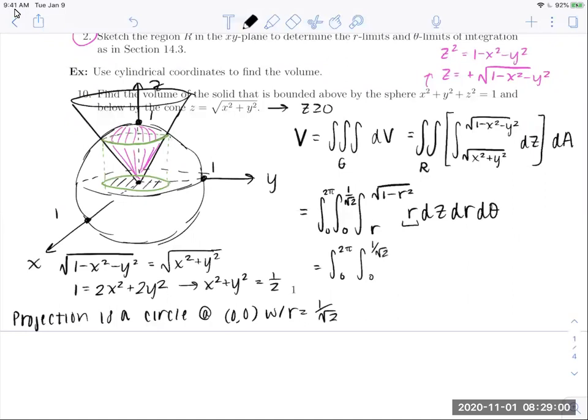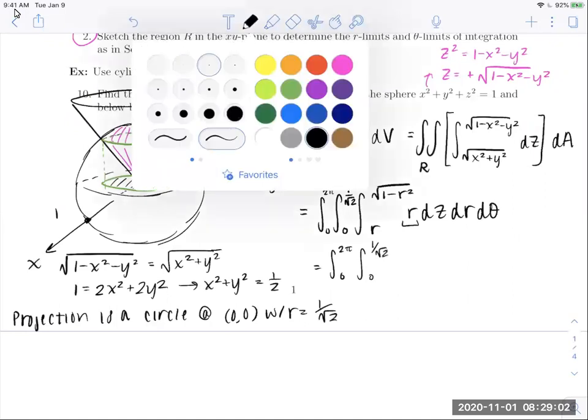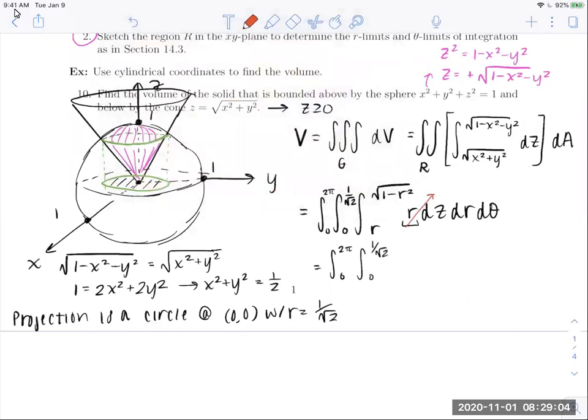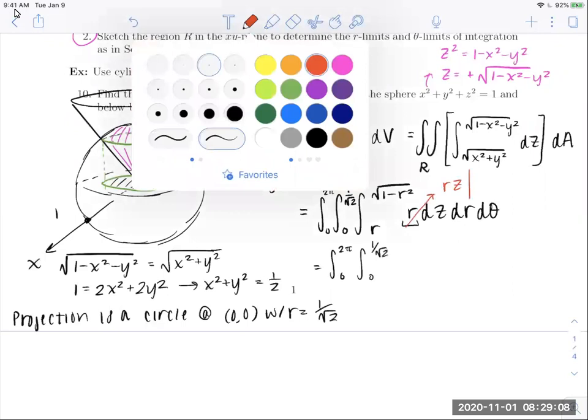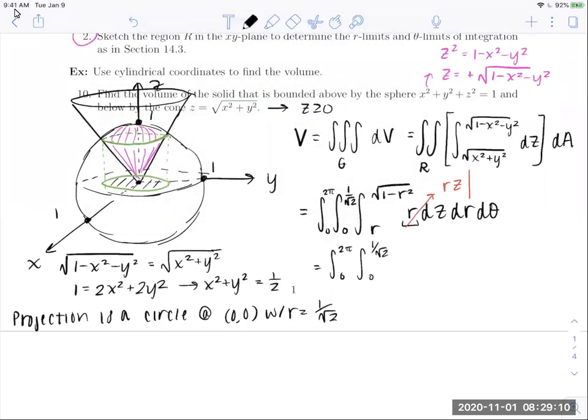So we would tack on a z. I'm going to save one step. I'm just going to note that this goes to rz from those upper and lower limits of integration. So let me go ahead and plug those limits of integration in. So I have r times the square root of 1 minus r squared, minus r times r, which is r squared.